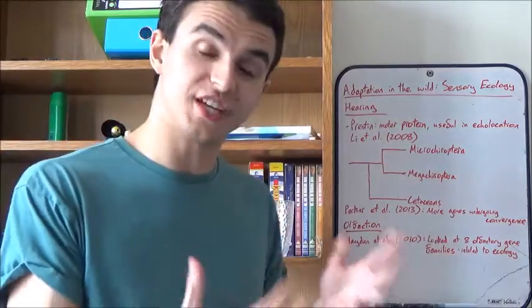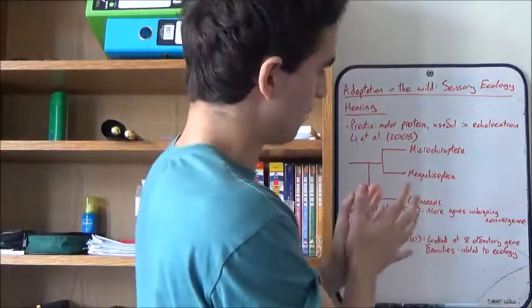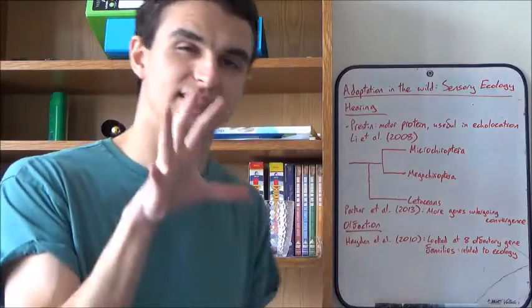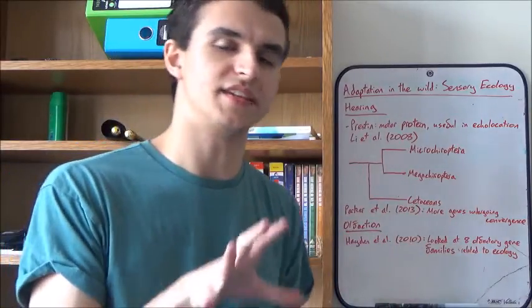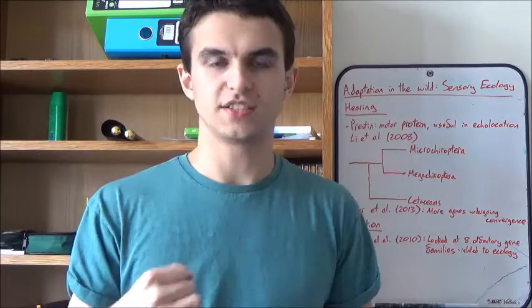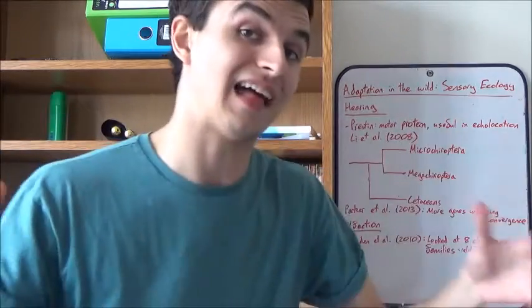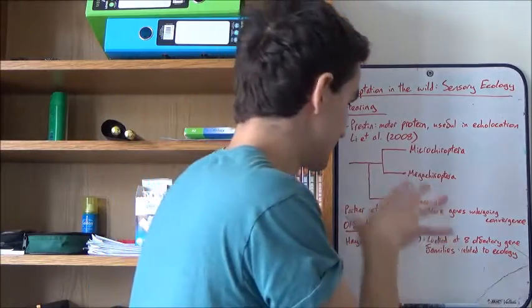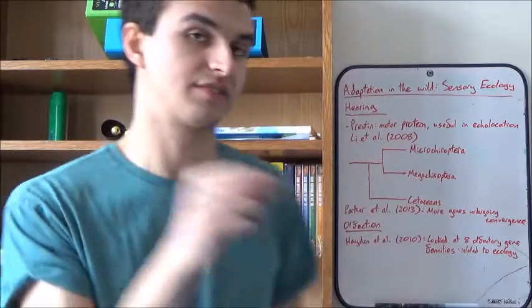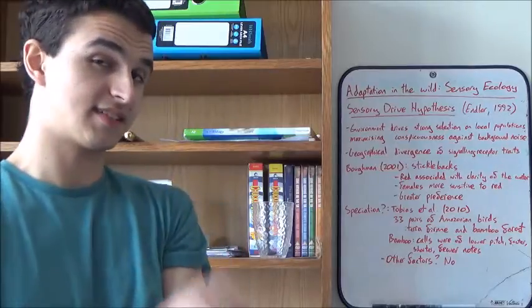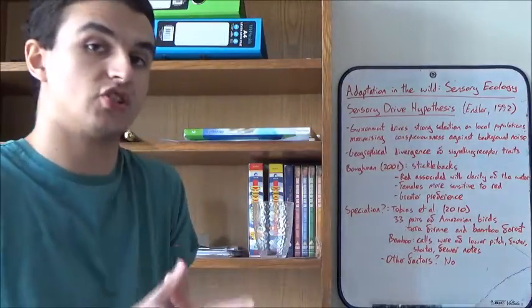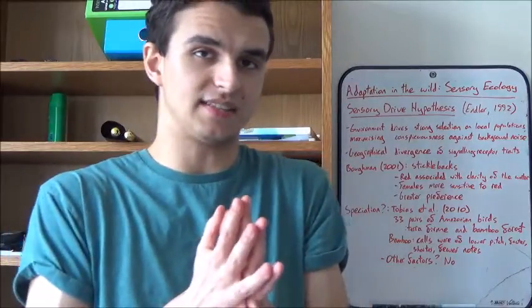And what they found was, as you'd expect, that the expression levels of these different olfactory genes were correlated to the type of habitat that these mammals were living in. So for example, bats, which live in an aerial habitat, had similar gene expression within similar families of these olfactory genes.